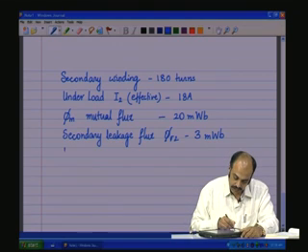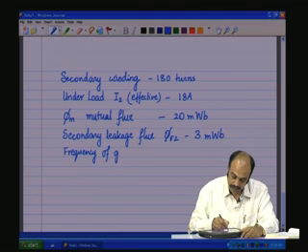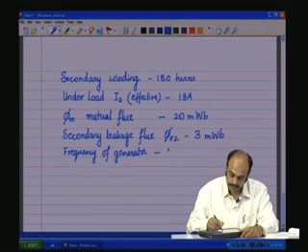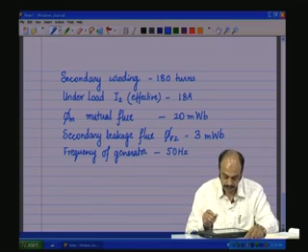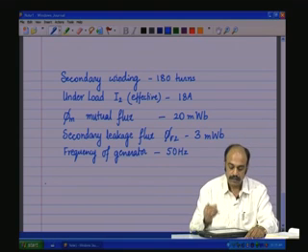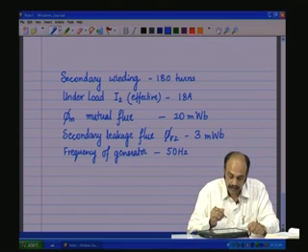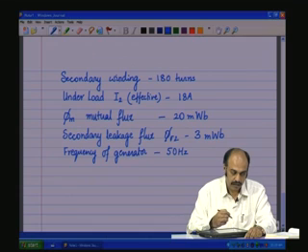And the frequency of the generator is 50 hertz. We are applying a 50 hertz frequency. Now, these are the specifications given for a particular transformer.